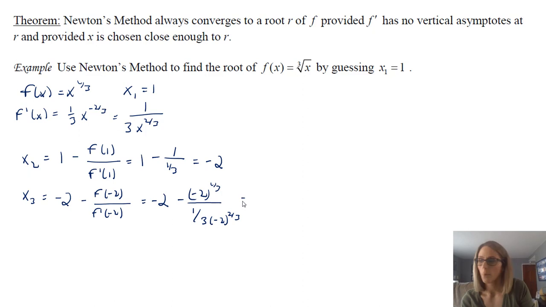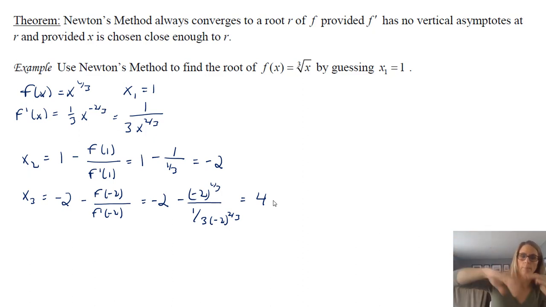Believe it or not, if you were to simplify this, you actually get 4, because you are dividing by a fraction there, so you could flip it, and that's actually going to give you -2 to the power of 1, which is -2 times 3 is -6, and then -6 is 6, so -2 plus 6 is 4.